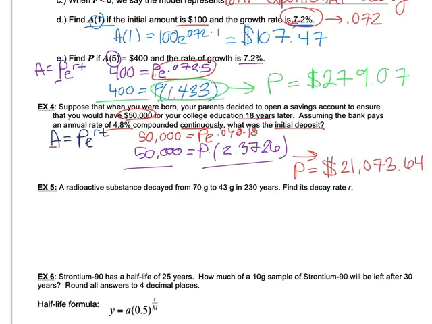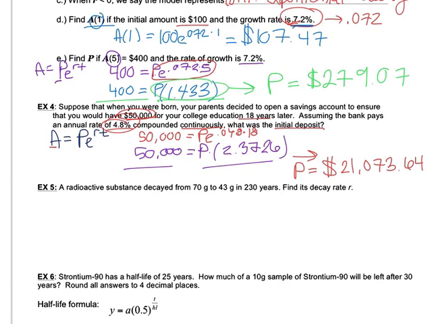So if your parents were fortunate enough to have an extra $21,000 laying around when you were born and invested it at a bank they were fortunate enough to find with a rate of 4.8%, then you would have a pretty great college fund. So you can go ask them why they didn't invest $20,000 for you 18 years ago.